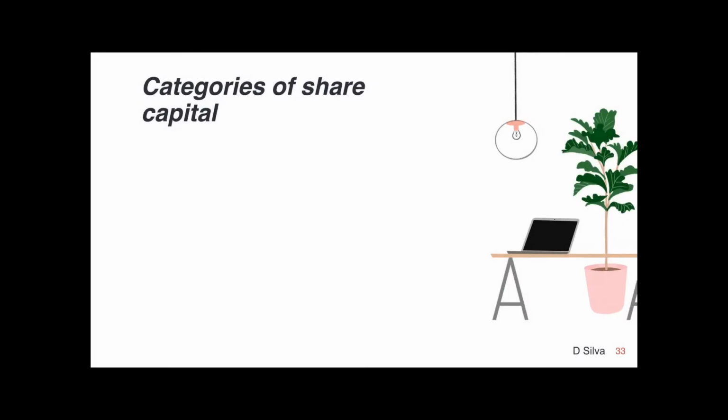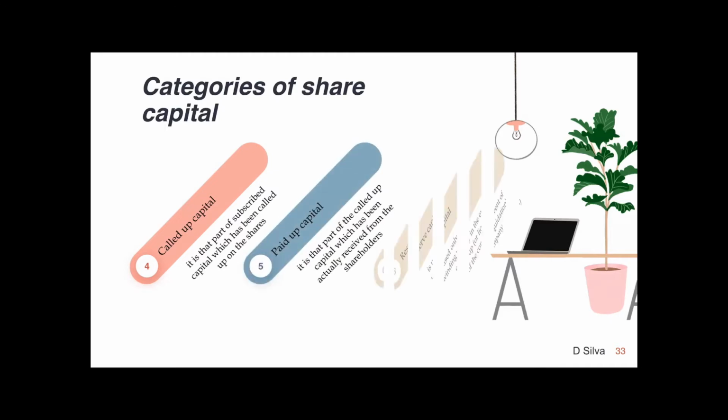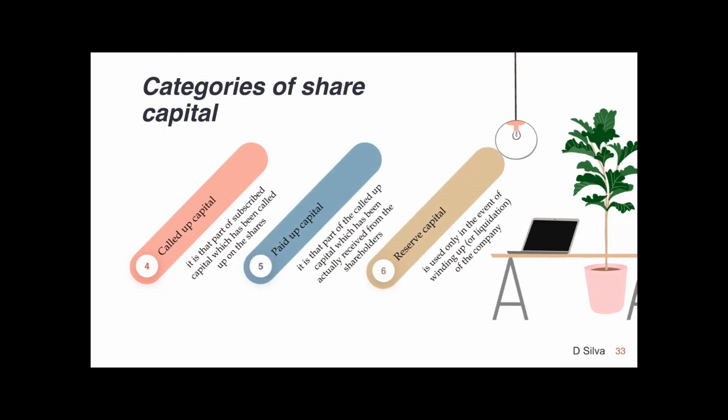Now it is time for us to also have a keen look into what we mean by called up capital, paid up capital and reserve capital. If you listened to me very carefully in the first video, I said what we mean by called up capital. It is that part of the subscribed capital which has been called up on the shares, and paid up capital is that part of the called up capital which has actually been received from the shareholders.